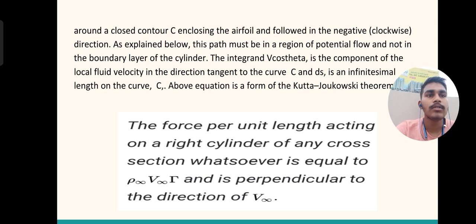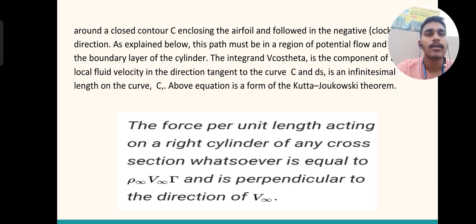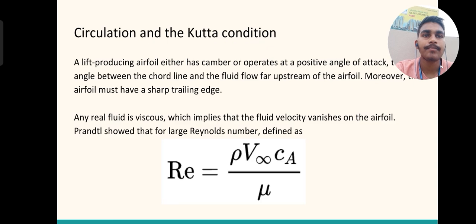V cos theta is the component of the local fluid velocity in the direction of the tangent to the curve C, and ds is an infinitesimal length of the curve C. The above equation is the form of the Kutta-Joukowski theorem. The force per unit length acting on a right cylinder of any cross section whatsoever is equal to rho infinity V infinity gamma, and is perpendicular to the direction of V infinity.